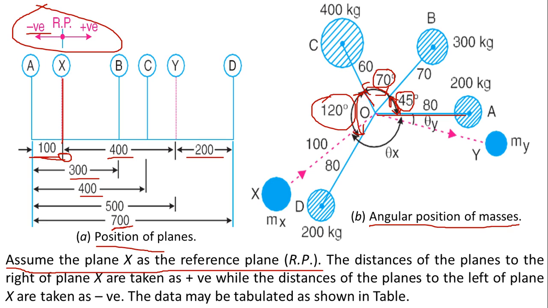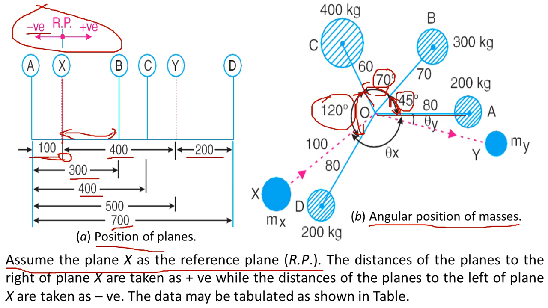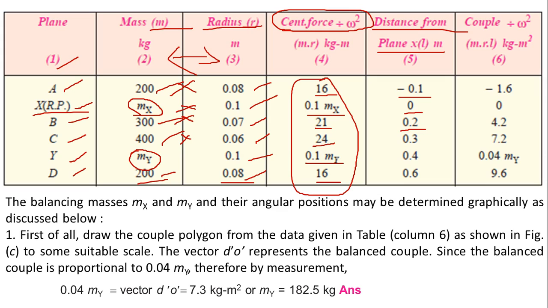Next, from the reference plane to B, what is the value? It is 300 minus 100, right? From here to here, the value is 200. Okay, so the same thing we take here, 0.2 meter. Then C: this is 400 minus 100, it is 300, meaning 0.3 meters.